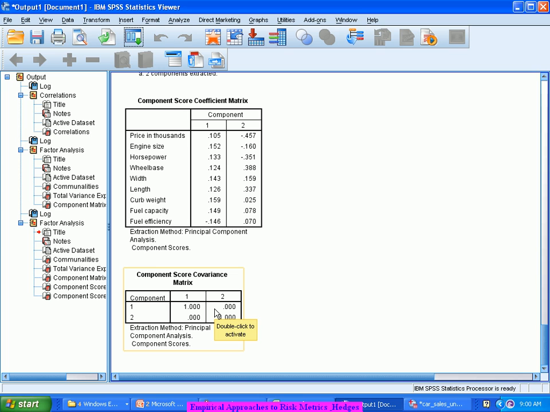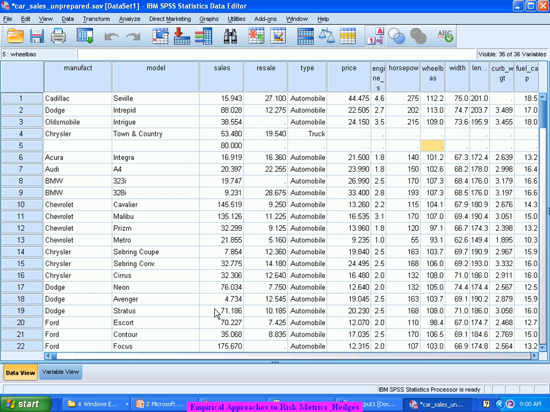What factor analysis or principal component analysis does is, even though you have 9 variables overall, it reduces them to 2 or 3 variables which are really independent, and there is no interdependency existing between them.